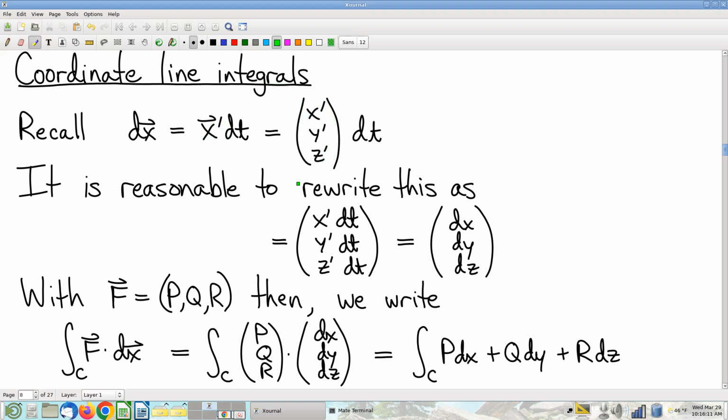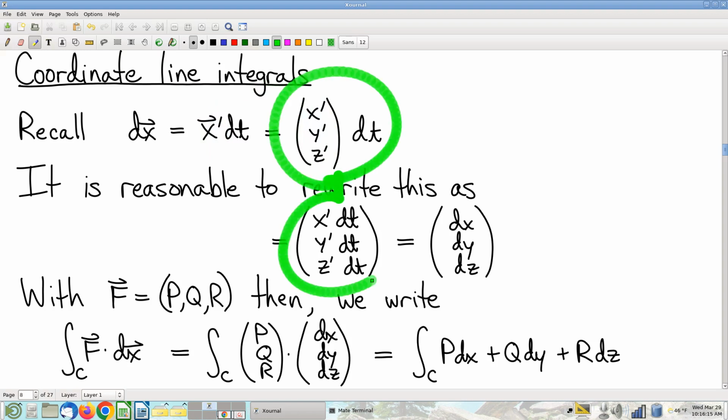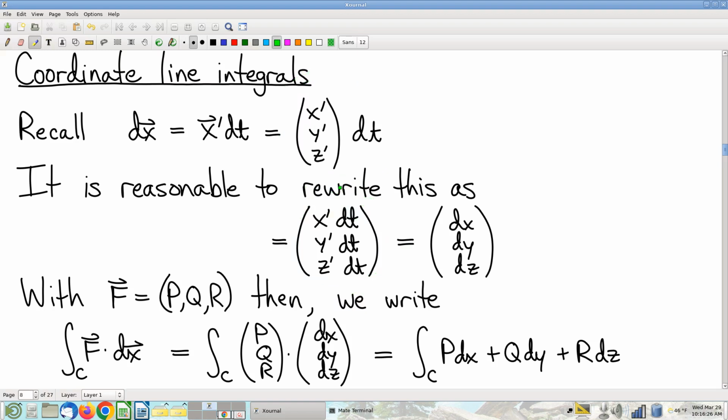Then here's another completely unimpressive point, and that is I can distribute the dt. That seems like a weird thing to do, but surely, what would be wrong with that? Then I can point out, hey, this thing right here, x prime, scalar x prime dt, since single variable calculus days, we've been calling that dx.